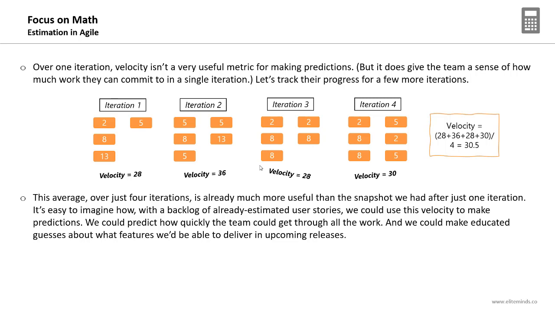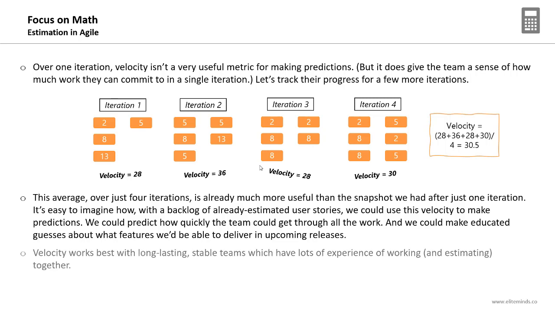We could predict how quickly the team could get through all of the work, and we could make educated guesses about what features we would be able to deliver in upcoming releases. Velocity works best with long-lasting, stable teams which have lots of experience of working and estimating together.